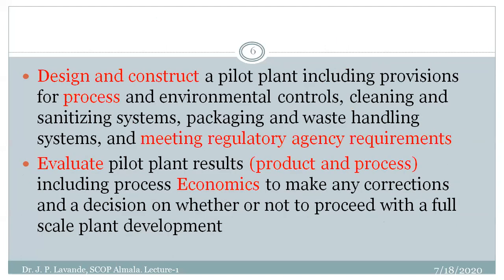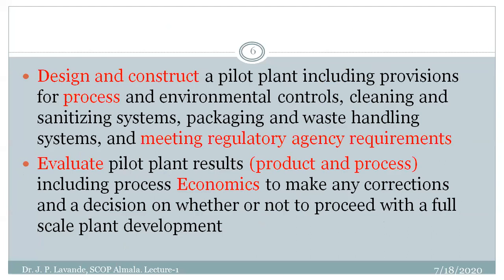The fifth step is the designing and construction of a pilot plant, including provisions for processes and environmental controls. Every time, all these processes cannot be maintained at the lab scale.